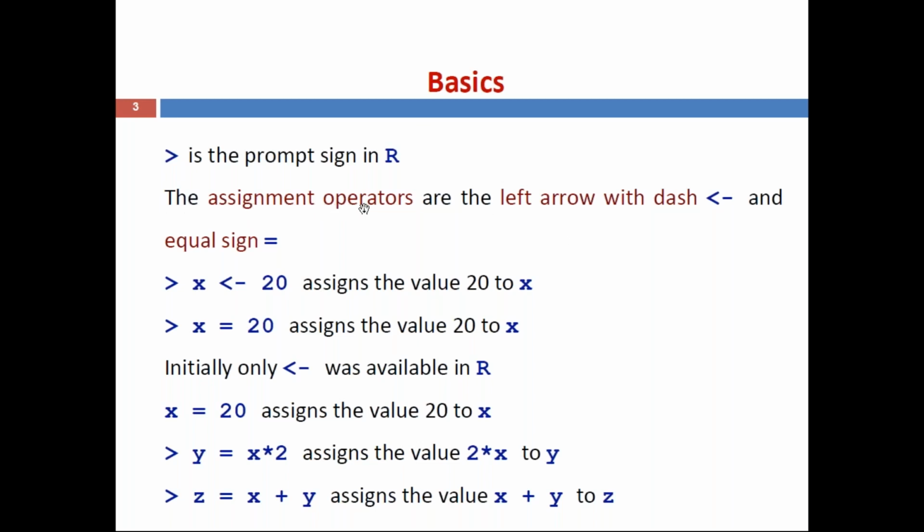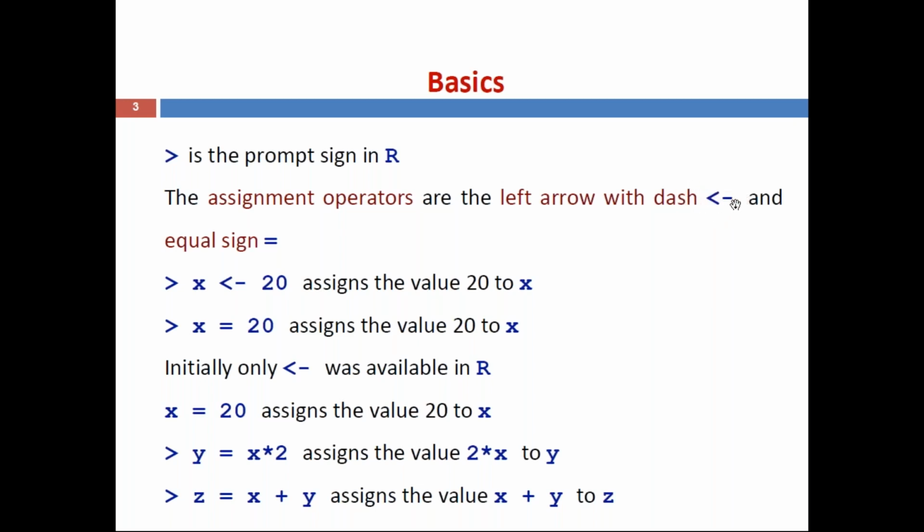And the assignment operators are denoted by the left arrow with dash, and the equal sign, simply using the equal operator symbol. Both give the same meaning, but earlier there was no equal symbol in R software. So at that time, there was only one option: we may use the left arrow with dash.